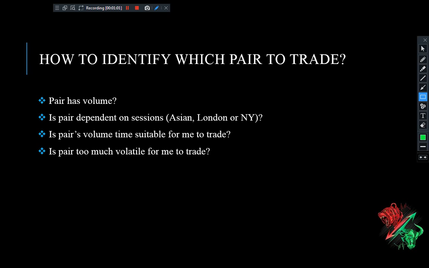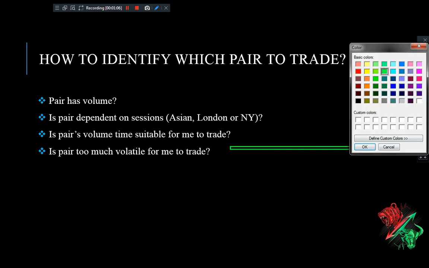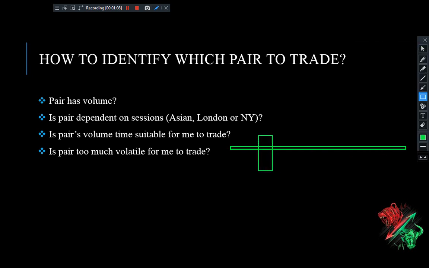For example, you had this resistance, a candle came out, the candle closed here, and you are waiting for the candle to retest so it can cross this and you can trade it. But it didn't happen. This candle just opened and boom, it went like this. So is this specific pair too volatile for me to trade? Yes, on my strategy, it would be very, very volatile to trade.